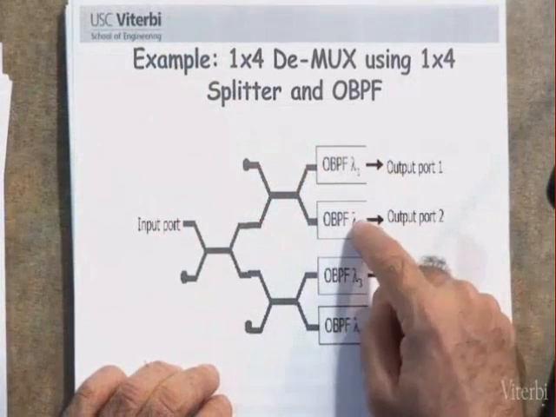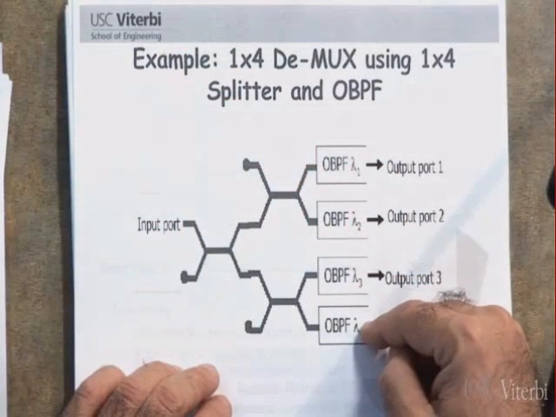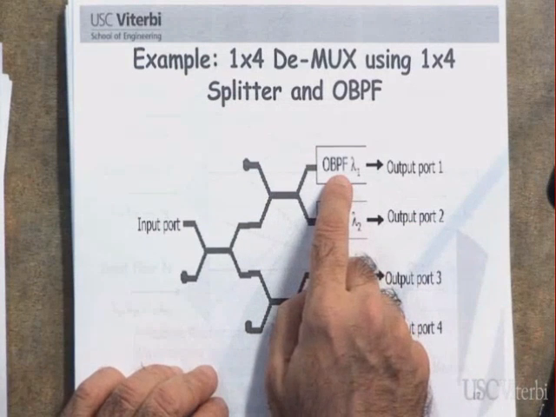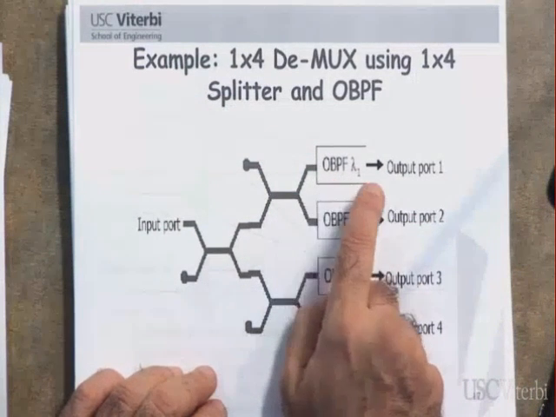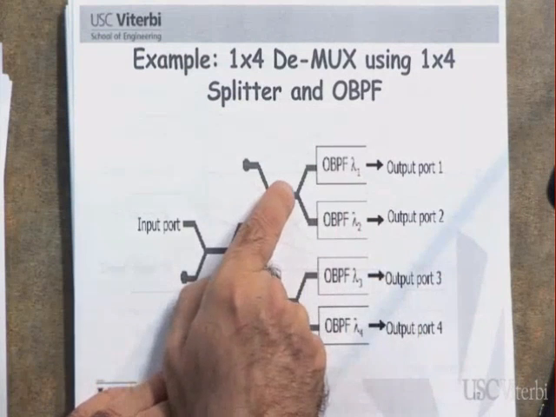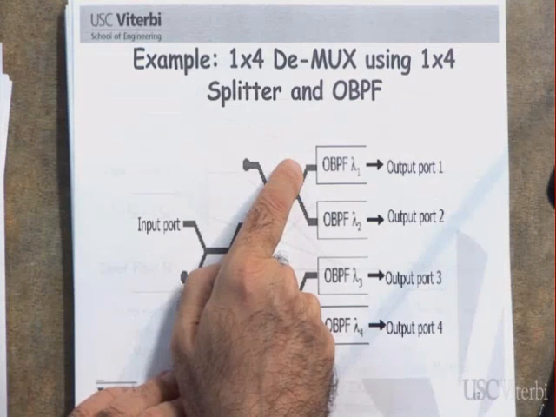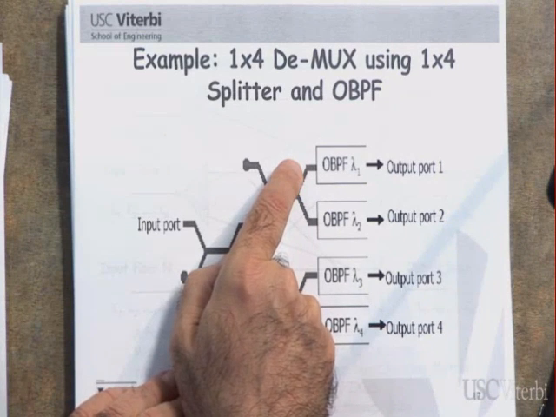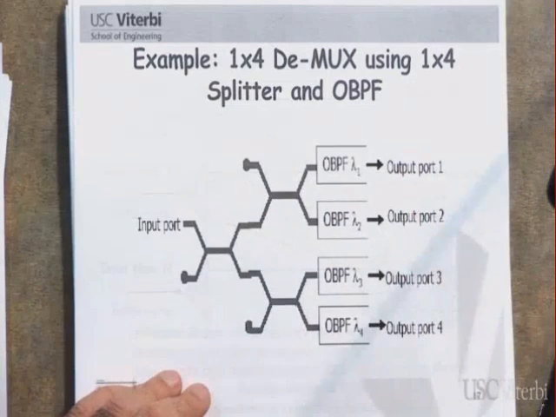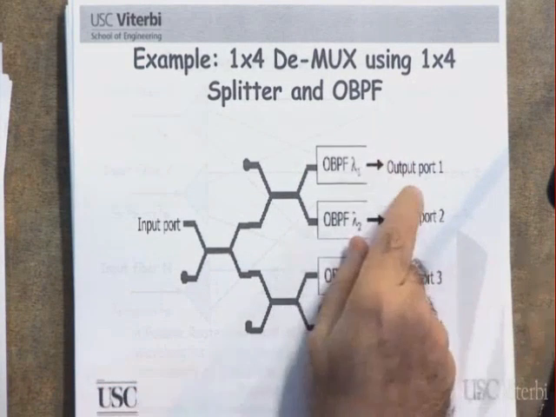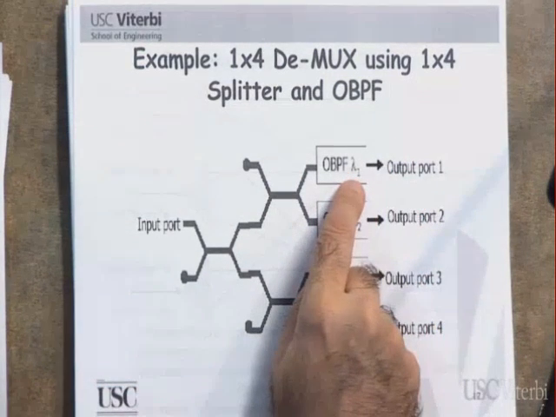Then in each one of them, I'm going to put a filter centered at a certain wavelength. How many wavelengths are coming here? Multiple wavelengths, but the output will only be a single wavelength. It will be lambda 1. Why?